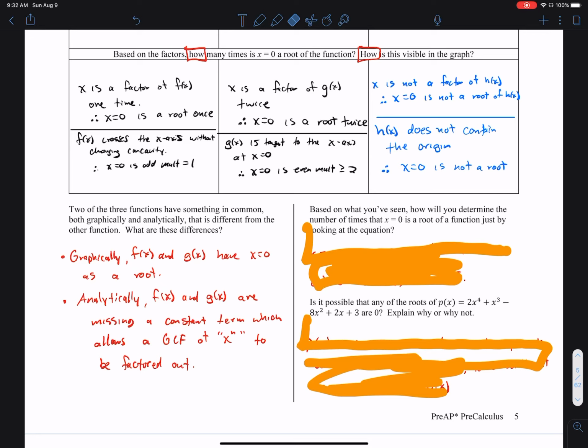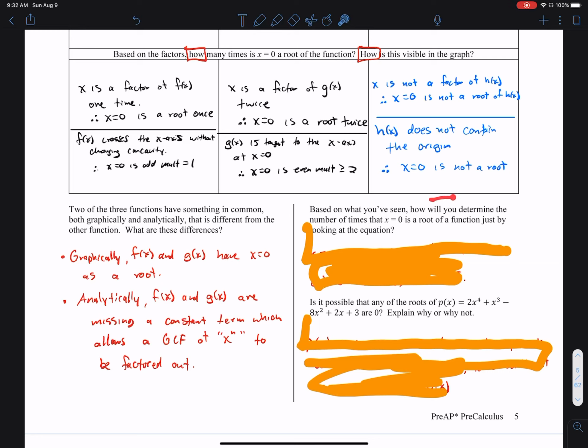I didn't say it explicitly, but that implies that h of x does not have x equals 0 as a root, and h of x does have a constant term, which does not allow a GCF of x to be factored out.